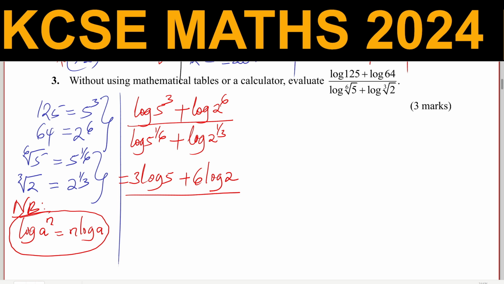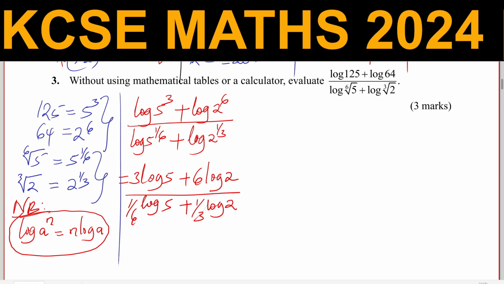For the denominator, the logarithm of 5 raised to power 1 over 6 will be 1 over 6 logarithm of 5. Then plus the logarithm of 2 raised to power a third will be a third logarithm of 2. So what we've done is simply application of this law here: the logarithm of a raised to power n is equal to n logarithm of a.